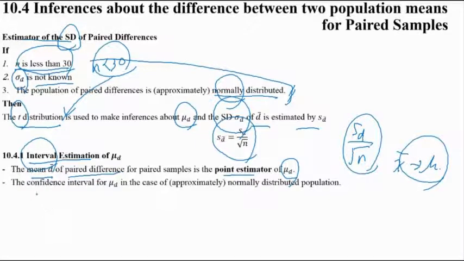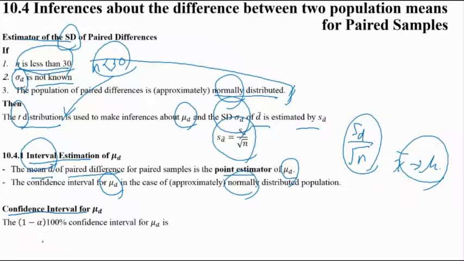The 1 minus alpha, 100 percent confidence interval for mu D: we have the formula from before, X bar plus or minus t times S over root n.